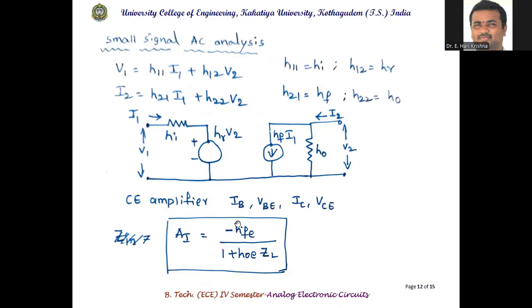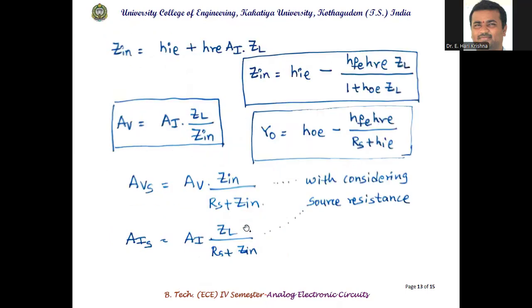AI is equal to minus HFE by 1 plus HOE ZL. This is very much useful while calculating the gains of the circuits I have mentioned here. Then input impedance Zin is equal to HIE minus HFE HRE ZL by 1 plus HOE into ZL. This is the actual formula. Making substitution again, AI gives this answer. And always voltage gain is equal to current gain multiplied by load impedance divided by input impedance. Similarly, Yo is generally called output admittance.